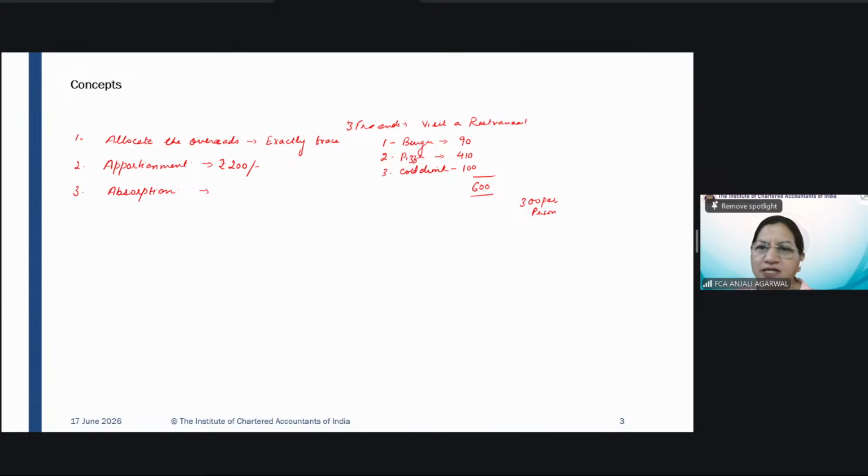Now, if someone has taken a cold drink, he has consumed less, but is still paying 300. So what has happened? It has been over-absorbed. For the cold drink, the consumption was only 100, but the absorbed rate was 300. Whereas for pizza, the payment was 300, but the consumption was 410. So pizza becomes a case of under-absorption.